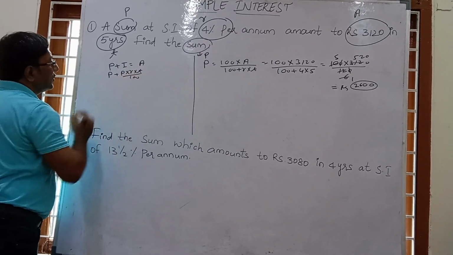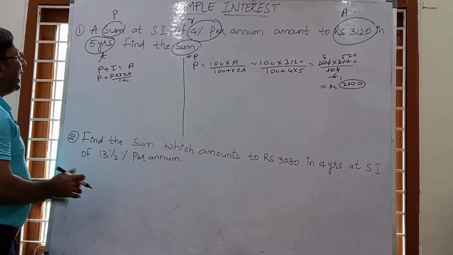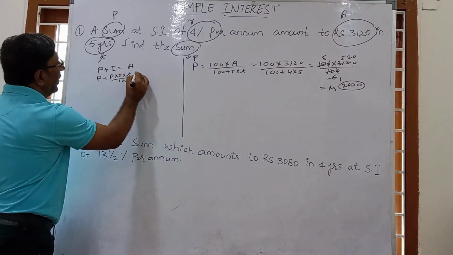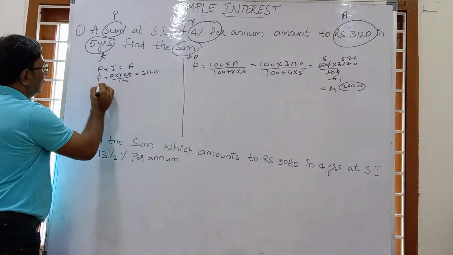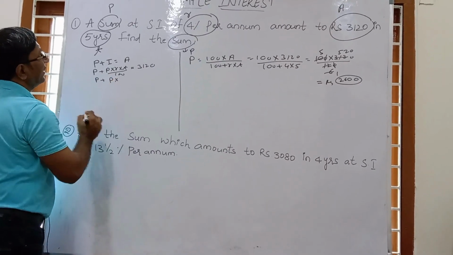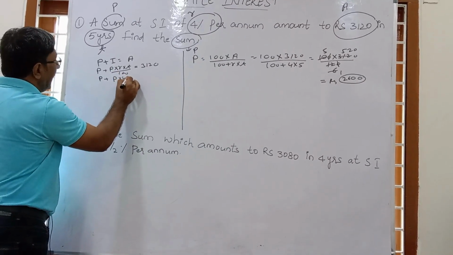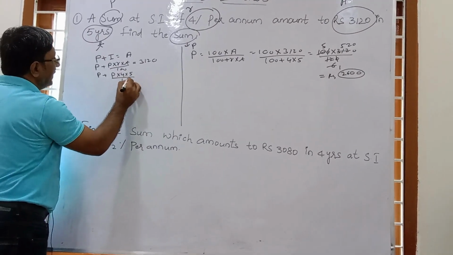This is the basic formula of interest, PRT by 100, and this equals amount. Amount is already given, 3120. R is given as 4 and T is given as 5, upon 100.